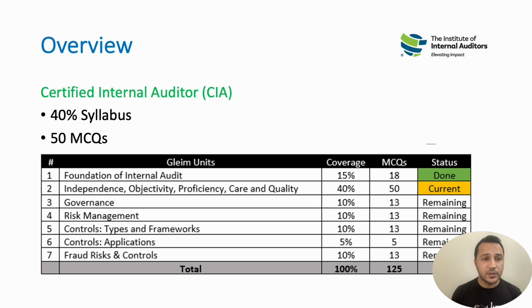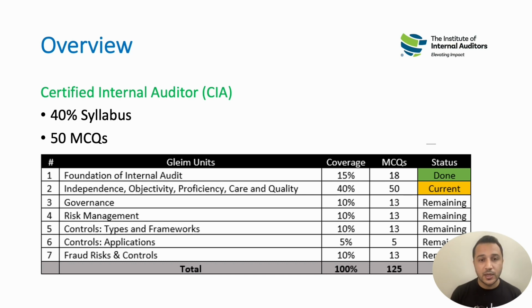Then a brief snapshot of what we have discussed so far. We have covered the foundation of internal audit, which mainly revolves around IPPF, and talked about the internal audit charter. And in today's unit, we will be covering independence, objectivity, due professional care, and the quality assurance and improvement program.